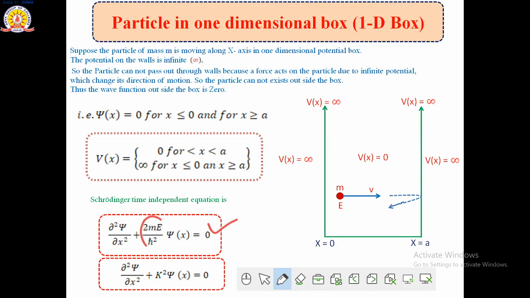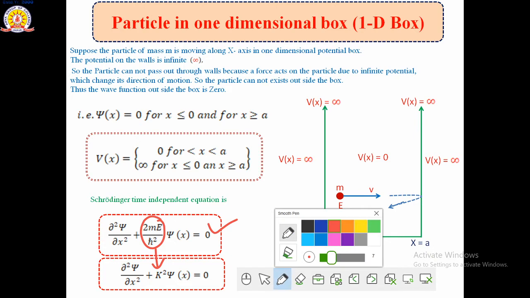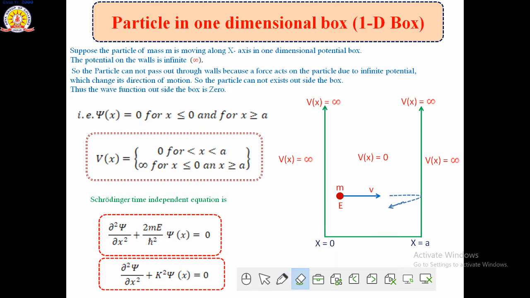Here 2mE upon h cross square I am considering as capital K square. So K square is a constant, and we will find that constant after we get the solution of the given equation.